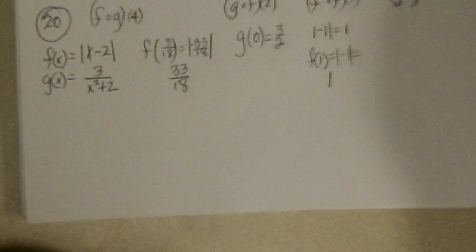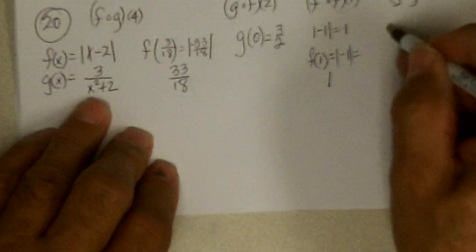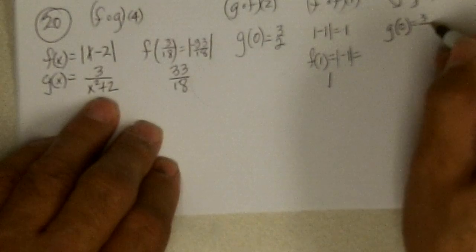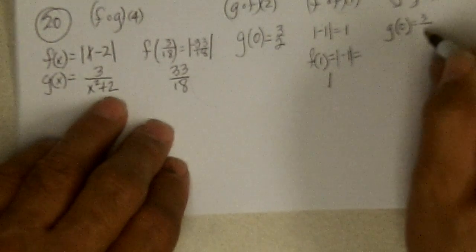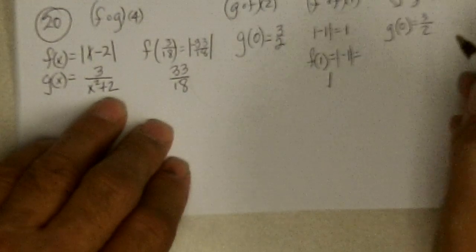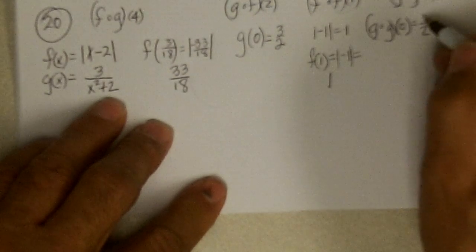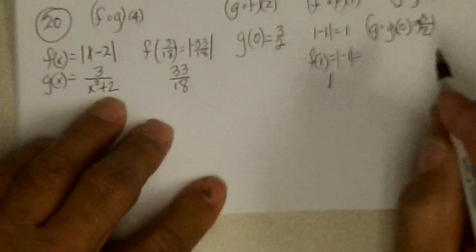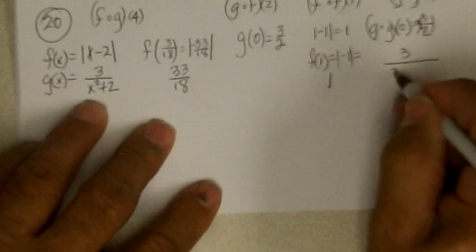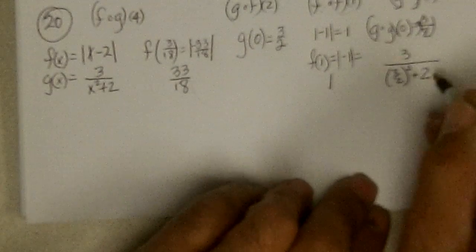Now it says put 0 into g, take that answer and put it into g. So if I put 0 into g, I get 3 over 0 squared plus 2, which is 2. I get 1.5. And now I've got to put that into the other g. So I get 3 over 3/2 squared plus 2.